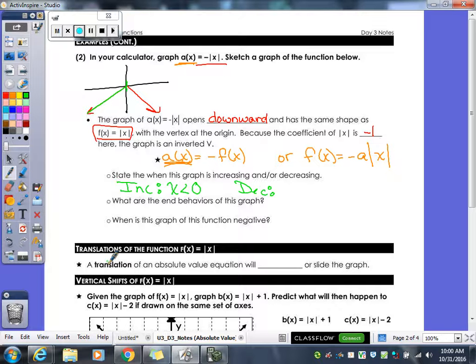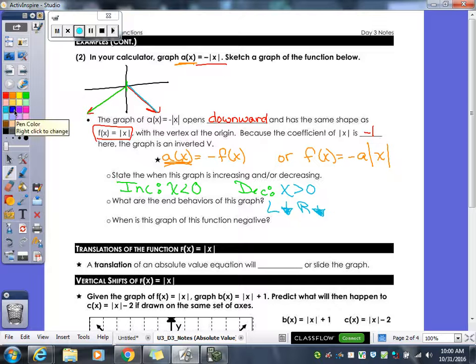You break it, you buy it. It's decreasing when x is what than 0? When x is greater than 0, it's decreasing. End behaviors, those ones are easy. Left side is pointing down, right side is pointing down.